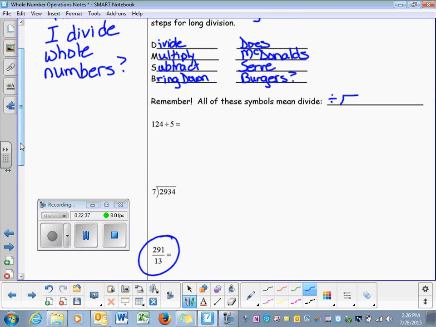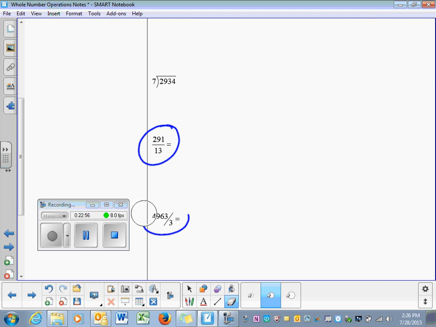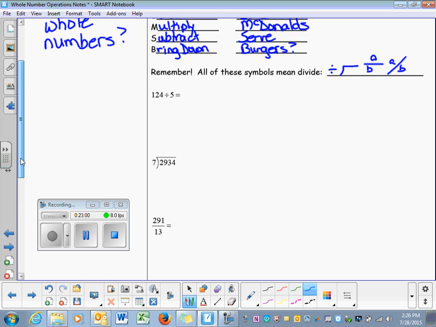So a fraction bar also means to divide. And that's something that people forget all the time. I'm going to go ahead and put some letters up here so that you don't think that's subtraction or a backslash. Okay? But a fraction is truthfully a division problem. So let's take a look.